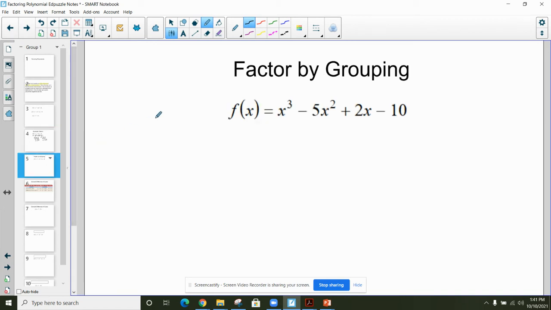The next strategy is called factor by grouping. When is factor by grouping a valid strategy? That's when your polynomial has an even amount of terms. This has 4 terms, which is what we're going to focus on in this class.